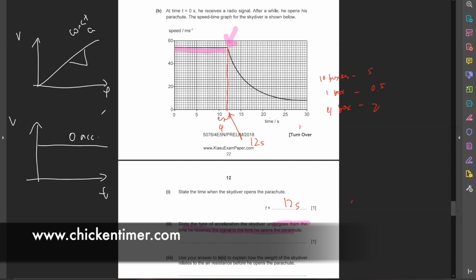That's why just now I said the very first part of the question, the initial may not be the initial they're talking about in this graph, but is when before he stepped out of the plane, or he just stepped out of the plane and hasn't started falling. Then you will realize that answer must be 10, so that this answer can be zero acceleration, because on the graph it shows a horizontal line.